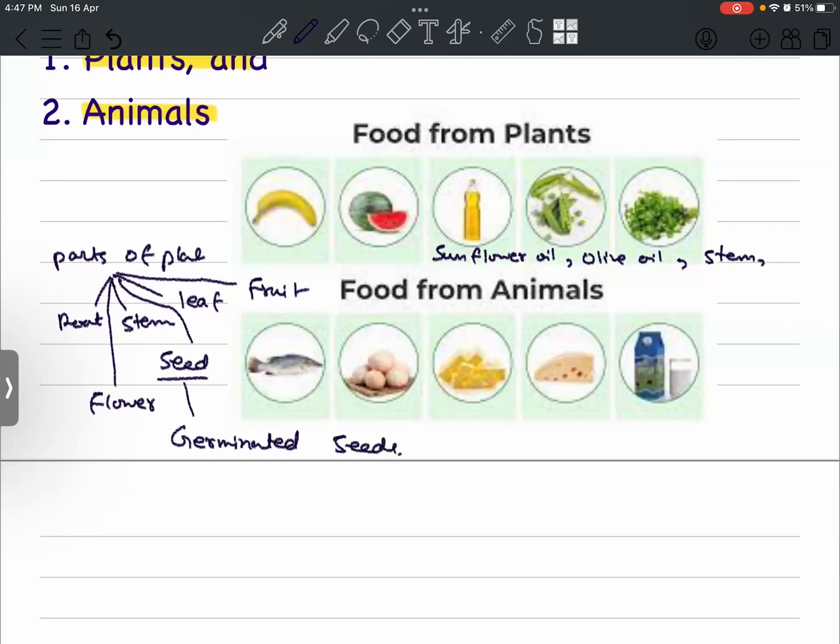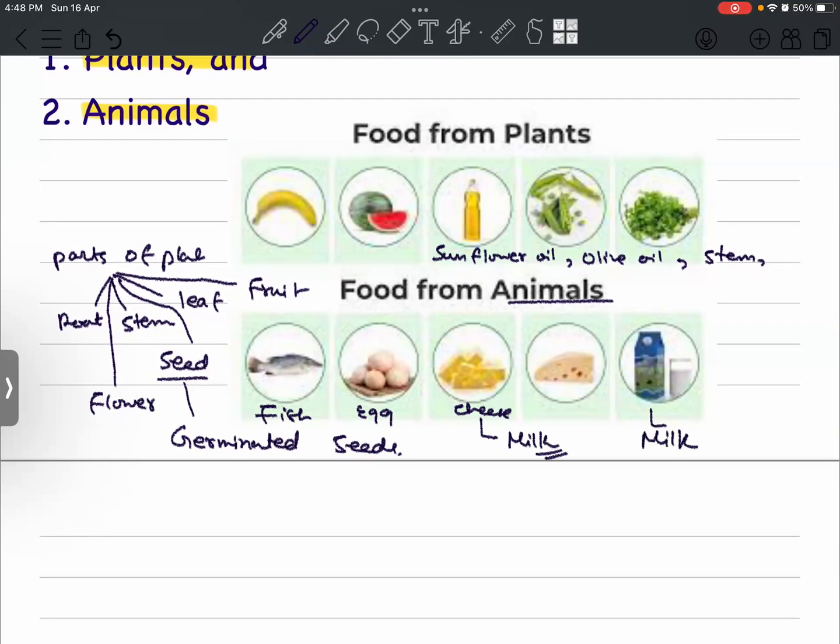Now, food from animals are basically fish, mutton, egg, cheese. Is cheese from an animal? Yeah, cheese is made using animal fat from milk. And the milk also, because milk comes from cows, right? That will give fat. Exactly.